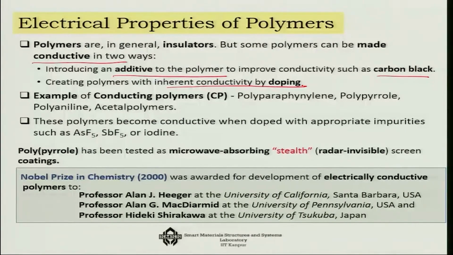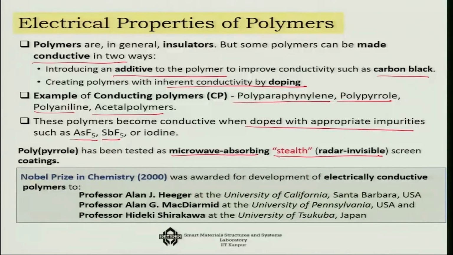Examples of conducting polymers are polyparaphenylene, polypyrrole, polyaniline and polyacetylene. These polymers become conductive when doped with appropriate impurities such as AsF5, SbF5 or iodine. Polypyrrole has been tested for microwave absorbing, stealth radar invisible screen coatings.